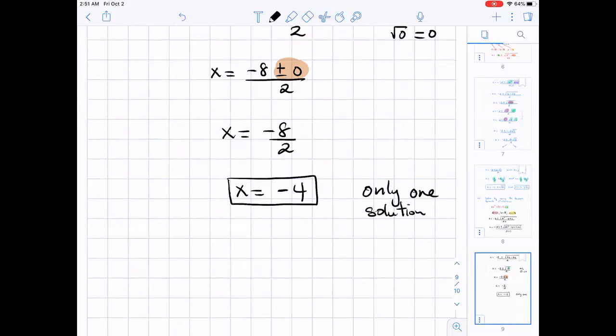And as we said before, when we have an x squared term, we can have at most 2 solutions, meaning we could have 2 solutions, we can have one solution, or we could have no real solutions at all. So I think I've covered the different ways of what will happen in any quadratic, where we can have an imaginary solution, we can have one solution, or we can have two solutions.